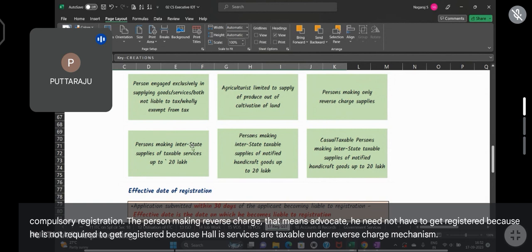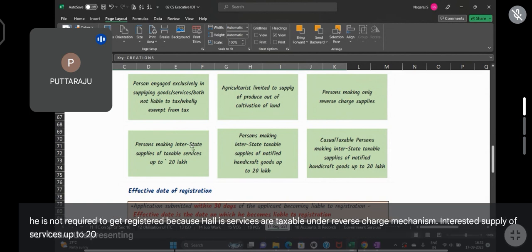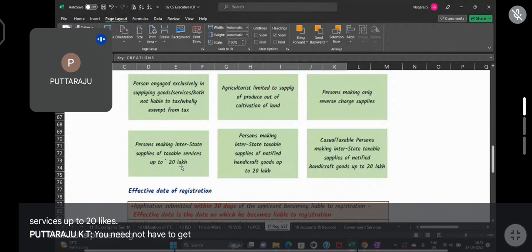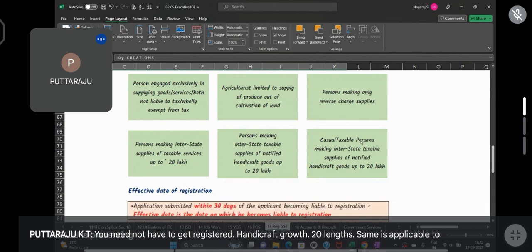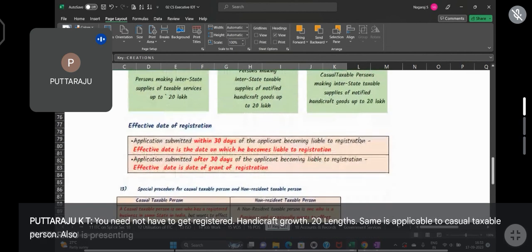Interstate supply of services up to 20 lakhs, you need not get registered. Handicraft goods, 20 lakhs; the same is applicable to casual taxable person also.